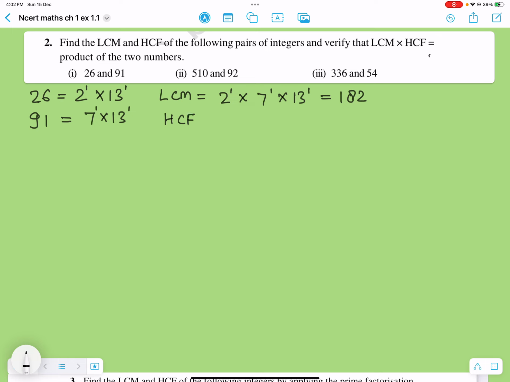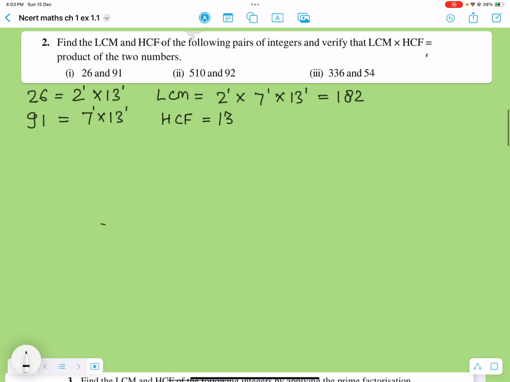Now the HCF. HCF is the highest common factor. And if you see, 2 is not common across two numbers. 7 as a factor is not common across two numbers. Only 13 is, right? So essentially we can say this is the HCF and this is the LCM. So if we multiply, let's say A is 26 and B is 91.